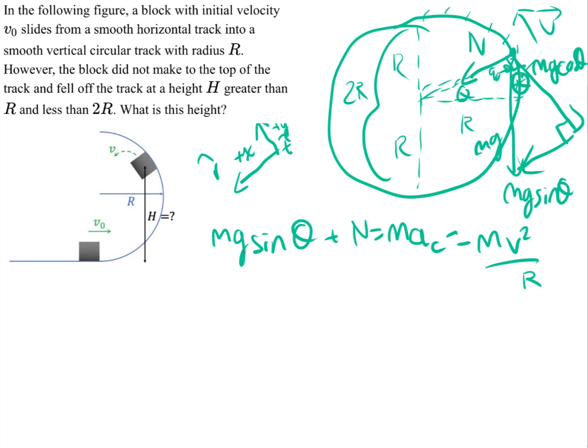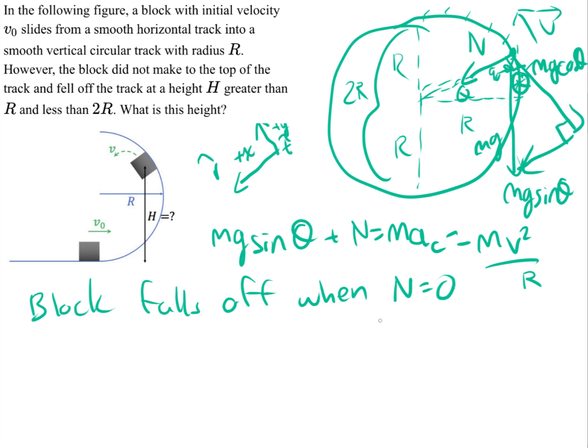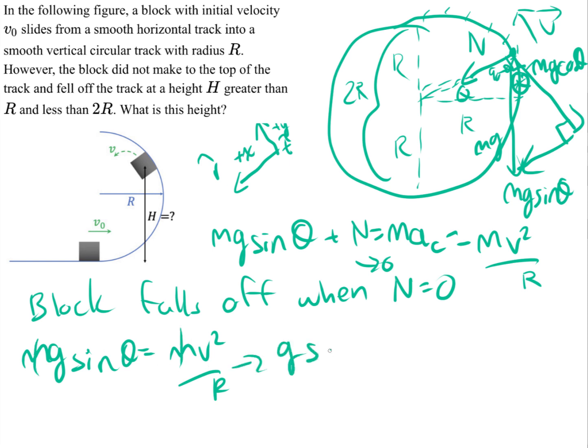And in this case, the block will fall off when the normal force is equal to 0 newtons. So if this is equal to 0, then mg sine theta must equal mv squared over r. Masses cancel. You get that g sine theta is equal to v squared over r. So v squared is equal to gr sine theta.